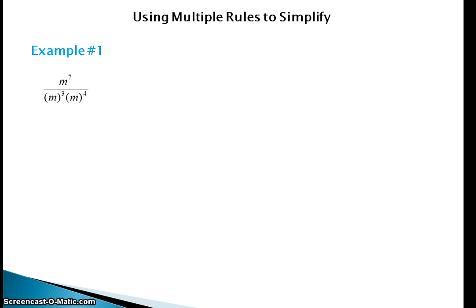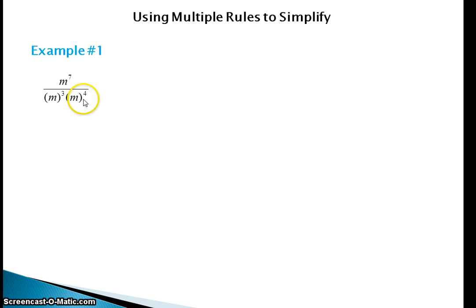We have m to the 7th power divided by m to the 3rd power times m to the 4th power. Now, the first thing we're going to do is apply the product rule of exponents, the product law, which says that when we're multiplying 2 exponents that have the same base, we add the exponents.